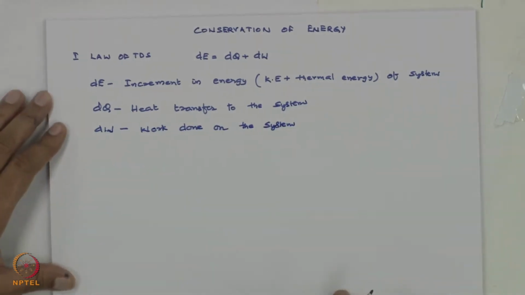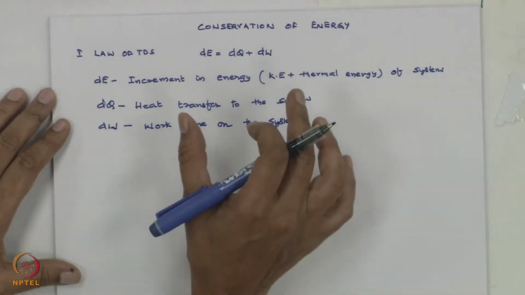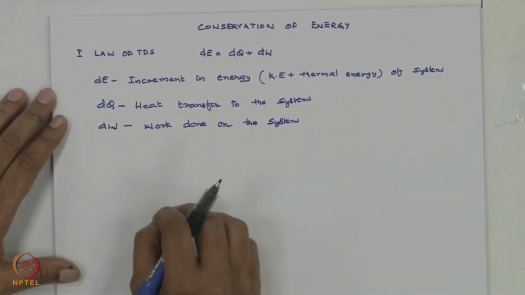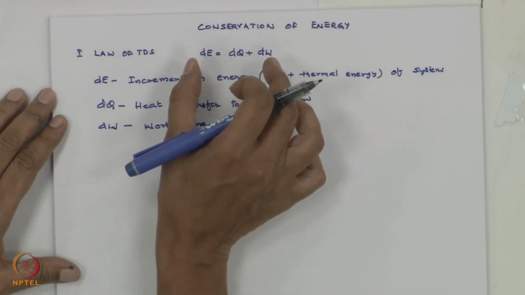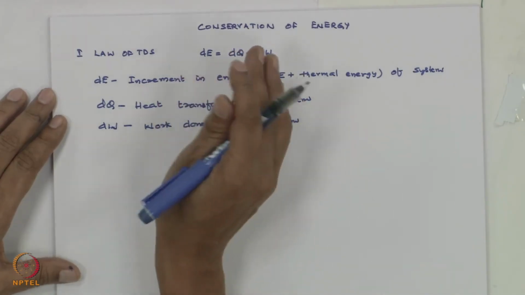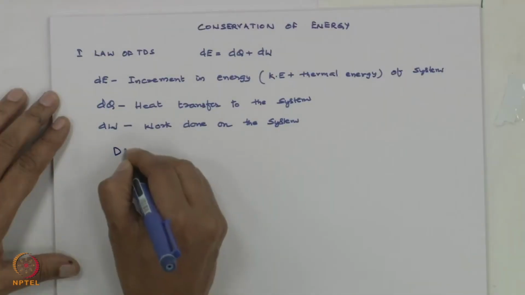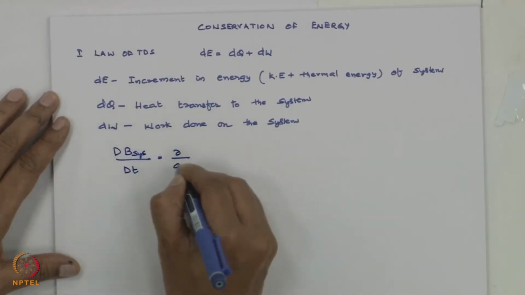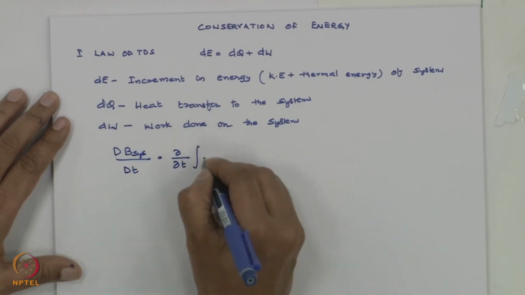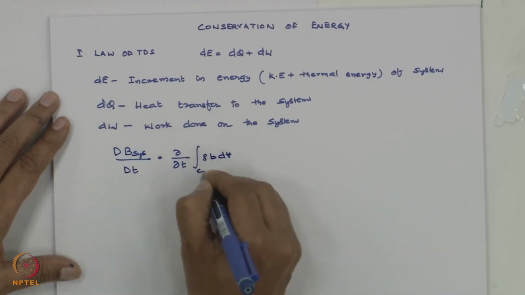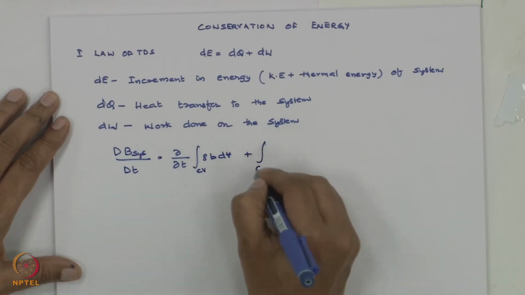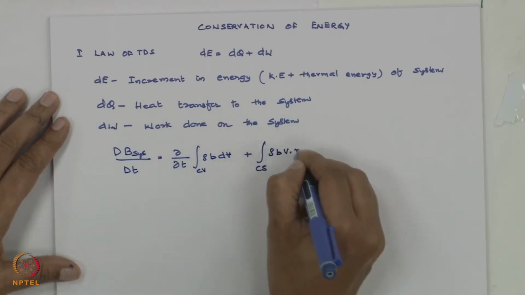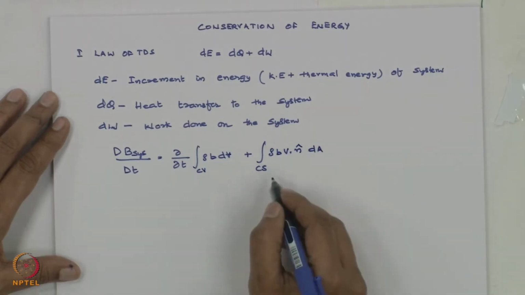Now I need to apply the Reynolds transport theorem for the energy equation, because this is the equation stated for the system. The Reynolds transport theorem transforms the law from system to control volume. It says dB system upon dt is equal to dou by dou t of rho b dV over the control volume plus rho b v dot n dA across the control surface.